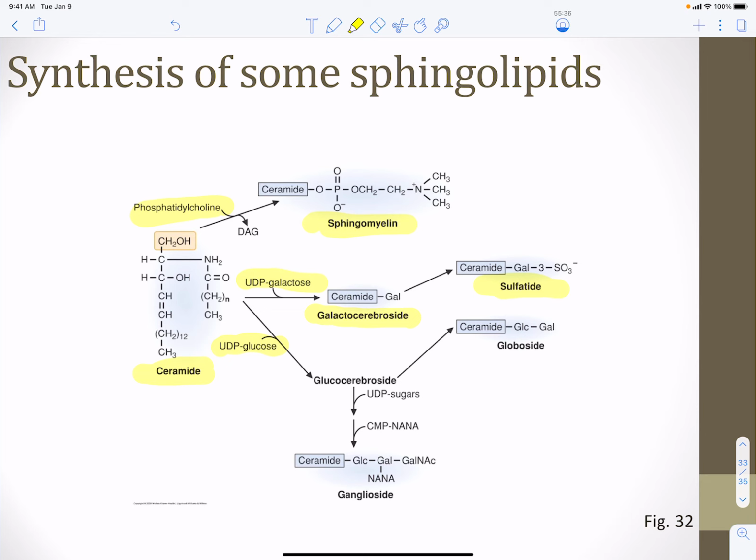UDP glucose can form a glucocerebroside, and this can become a globoside. It can also go on to form the UDP sugars, including things like sialic acid. So all of these have to be degraded in the lysosomes.